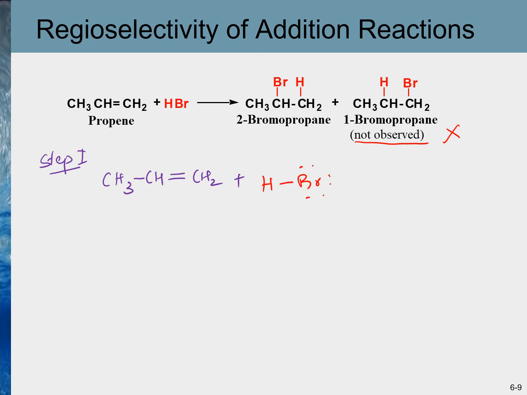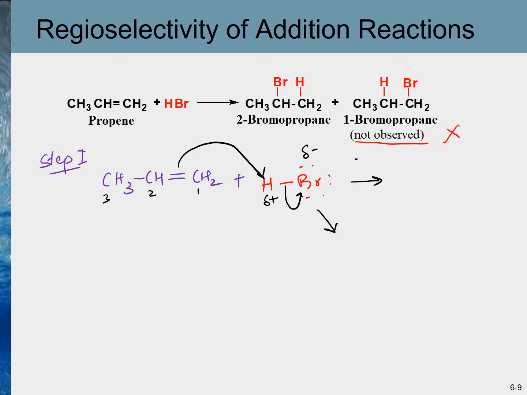So in step number 1, the pi electrons attack the positively charged proton, and it would result in the formation of a carbocation. Now there are two possibilities. One possibility is that carbocation is formed such that the hydrogen atom goes to carbon number 1. Let's number it 1, 2, and 3.